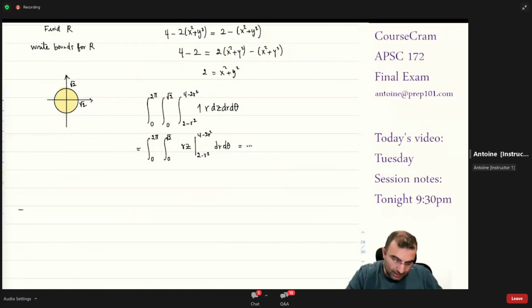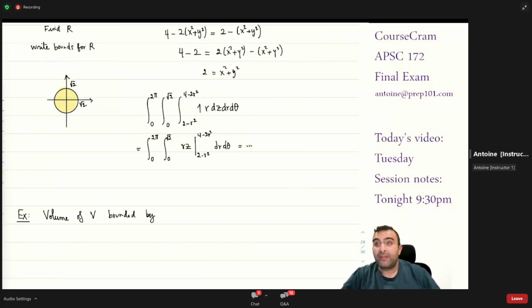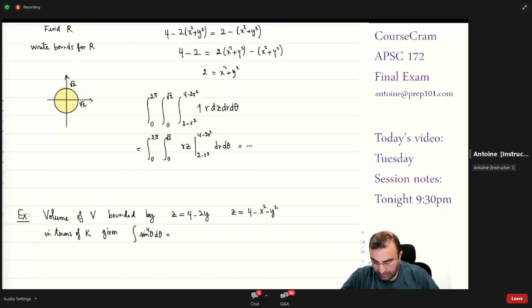All right, let me ask you a slightly more difficult one. Find the volume of V bounded by z equal to 4 minus 2y, z equal to 4 minus x squared minus y squared, and in terms of k, given that the integral from 0 to pi of sine to the 4th theta d theta is equal to k.